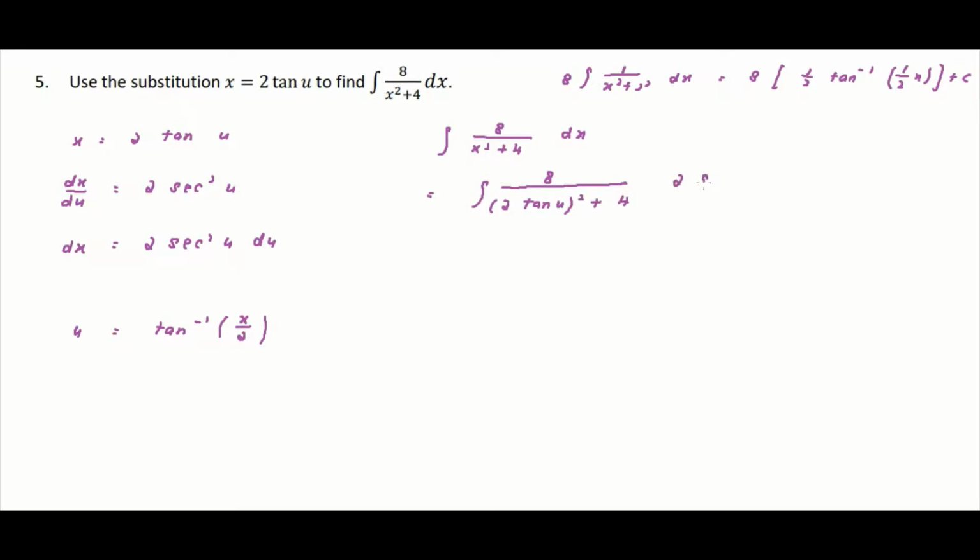Your dx is 2 sec squared u du. Now we can continue. When you expand it, what do you get? You get 4, right? So 8 over 4 tan squared u plus 1, then plus 4, times 2 sec squared u du.